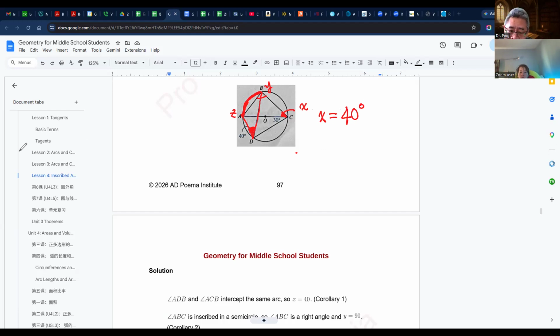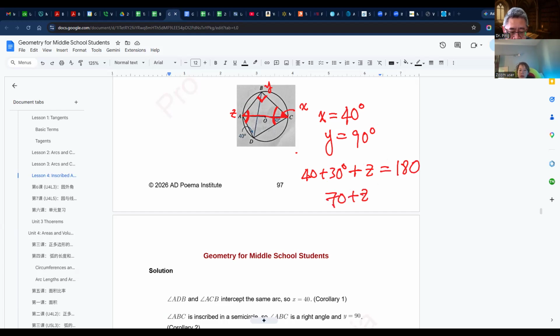Now y: we're talking about this angle, but these two parts are on the diameter, so we know this is 90 degrees. So y is 90 degrees. And z is this angle. This whole thing here is 40 plus 30, and we know this angle plus this angle should be 180. So 70 plus z is 180, and z is 110 degrees. Okay.